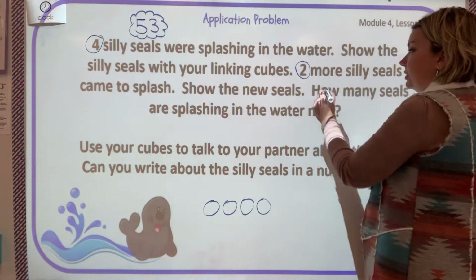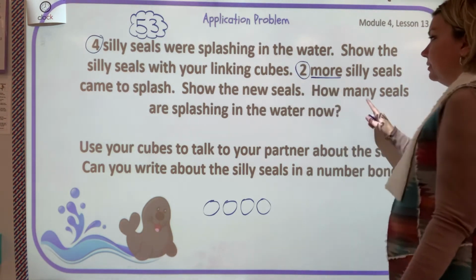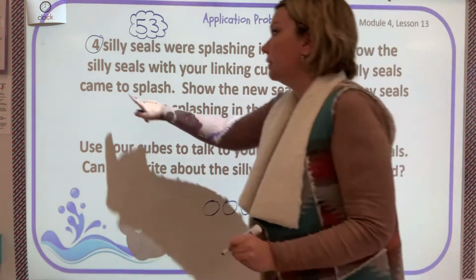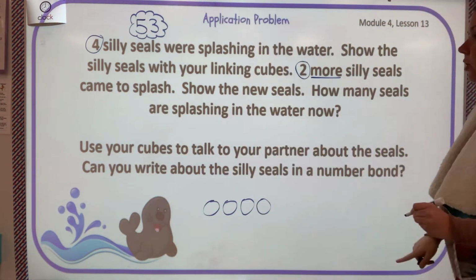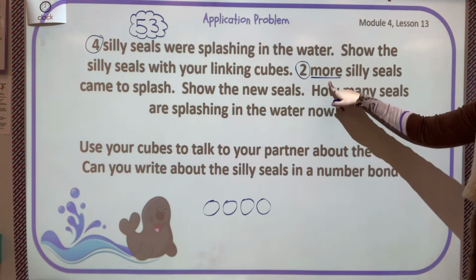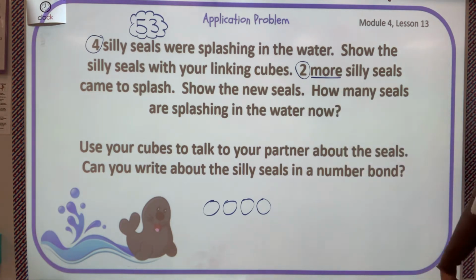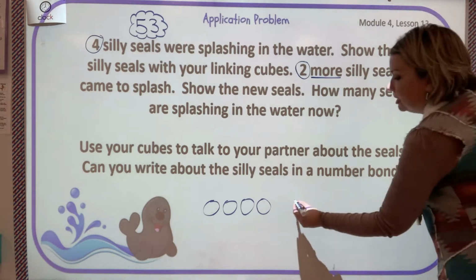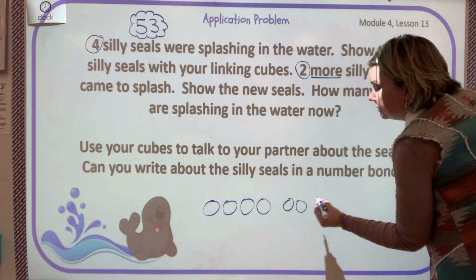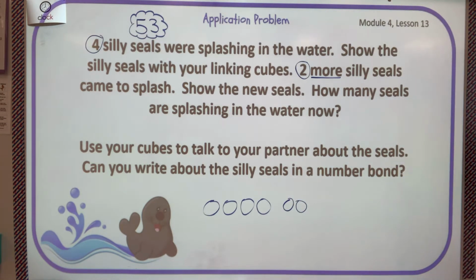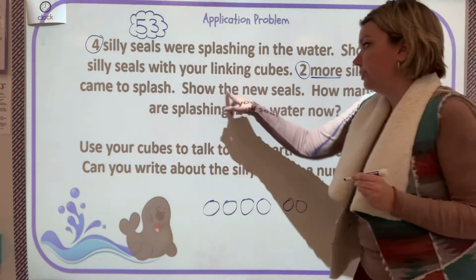Now here's another number. I'm going to circle it. 2 more silly seals came to splash. When I see the word more, that means I'm putting more on my paper. I'm not taking any away. So I'm going to show 2 more silly seals come into splash. Show the new seals.